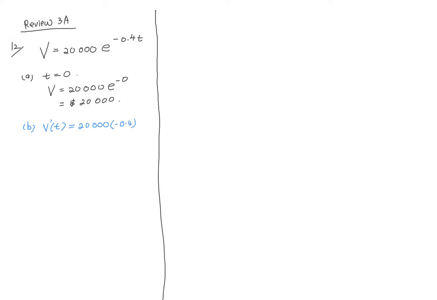Then e to the power negative 0.4t. So the rate at which the value of the car is decreasing after 10 years, V prime 10. You just use your calculator and calculate. Can you give me the answer?